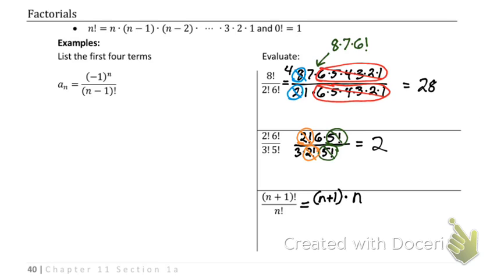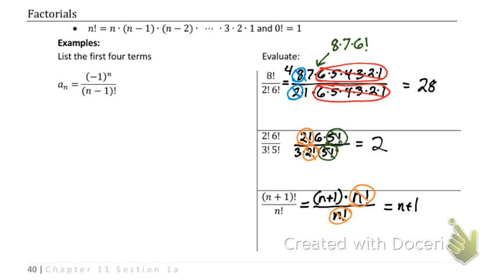Well, that means this is just n plus 1 times n factorial, which is exactly what we have down here, which means our n factorials can just cancel out, and we're left with n plus 1.